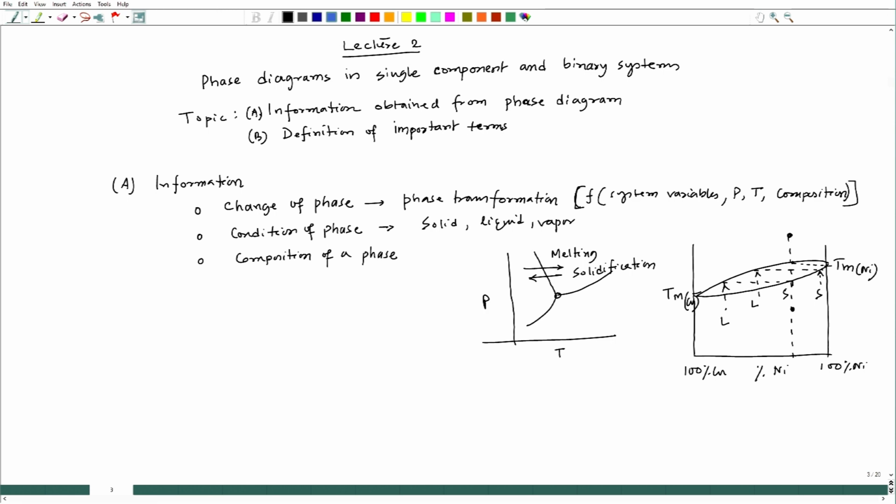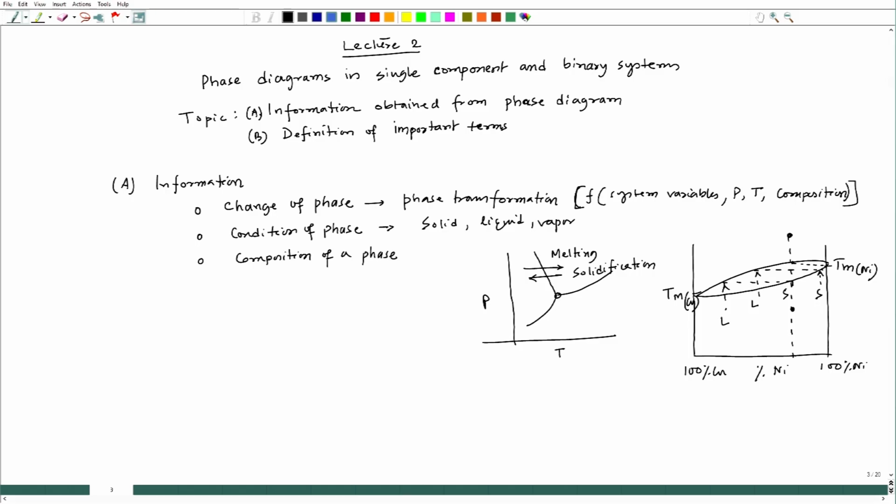Here it is liquid and solid only, but in case of a single component system, as we go from the liquid solid equilibrium line to liquid vapor or solid vapor, we can get transformation between liquid to vapor or solid to vapor. So, there only the physical appearance changes.